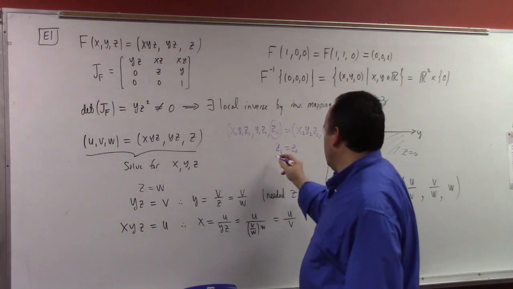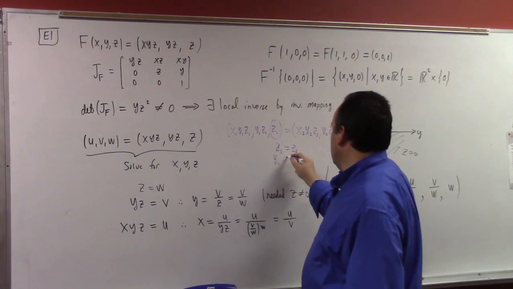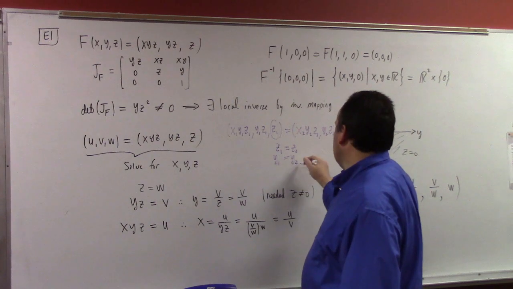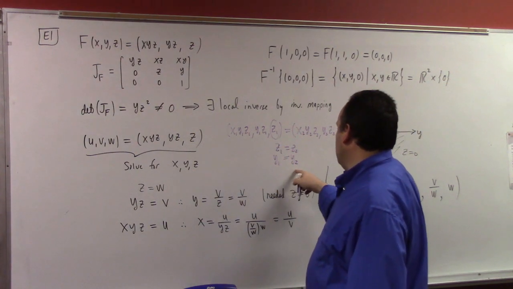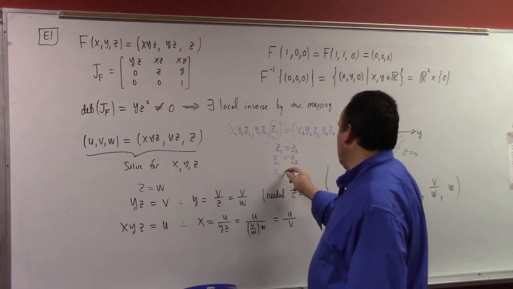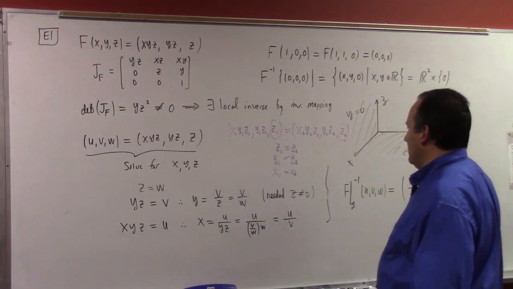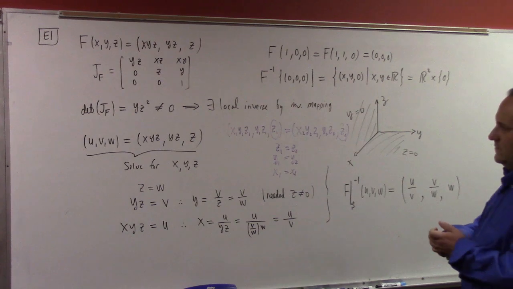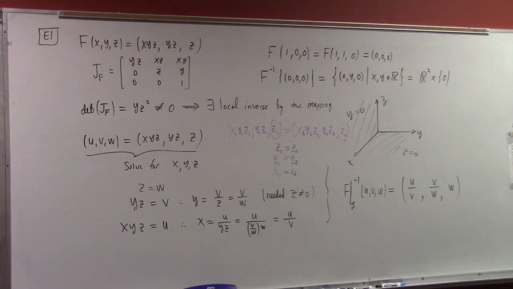And then, if z1 is equal to z2, then y1 is equal to y2, right? Because we get that. Huh. Is that right? So it's injective. Oh, that's weirding me out.